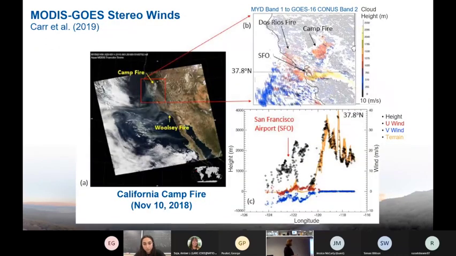This is an example in the Carr et al. 2019 paper, where they did MODIS GOES over the Camp Fire in California. Here's the area we're focusing on, and here's the product of the MODIS GOES retrieval. You can see the Camp Fire here. The length of these lines indicates the speed in reference to this line here, which is 10 meters per second.